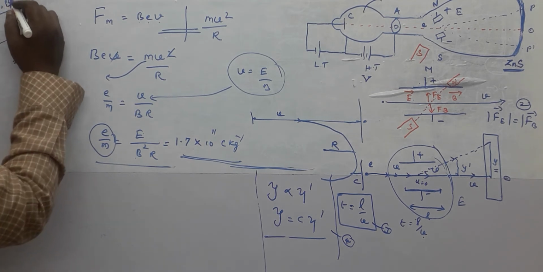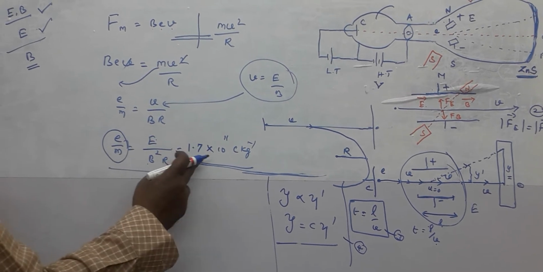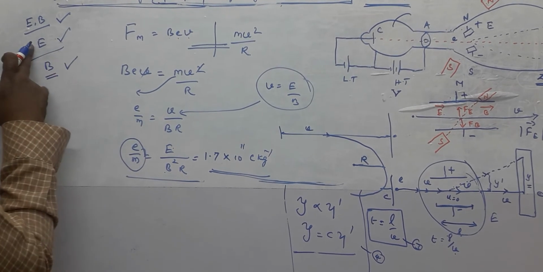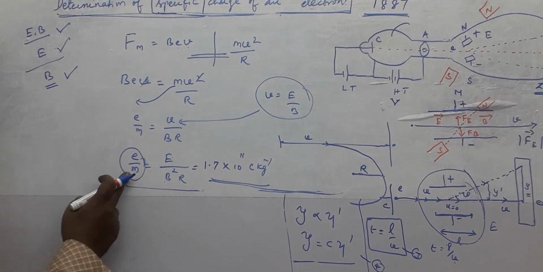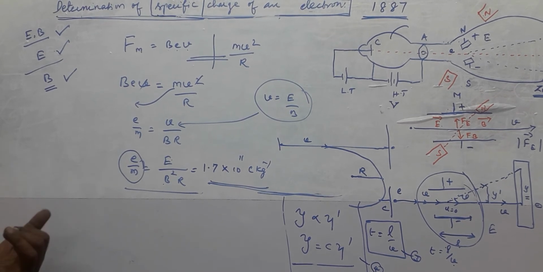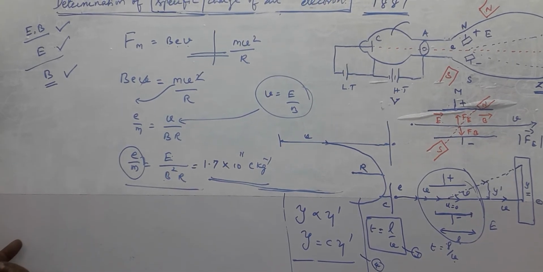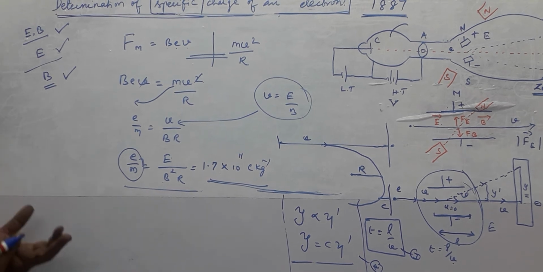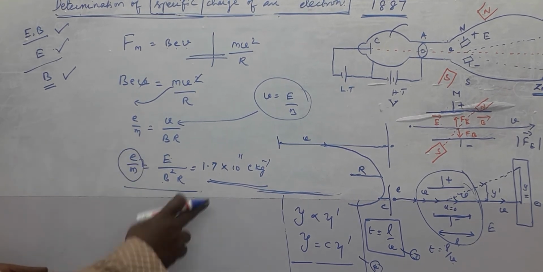Again, applying only the electric field, the specific charge is the same as the prior result. The third one, instead of the electric field, he applied only the magnetic field, and again he got the same value. So three times he proved that with the help of electric and magnetic fields, the specific charge is equivalent to 1.7 × 10^11 coulomb kilogram^-1.